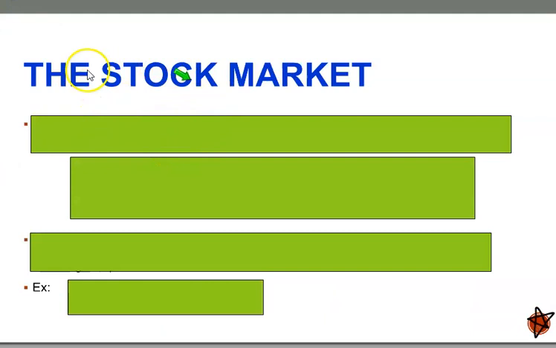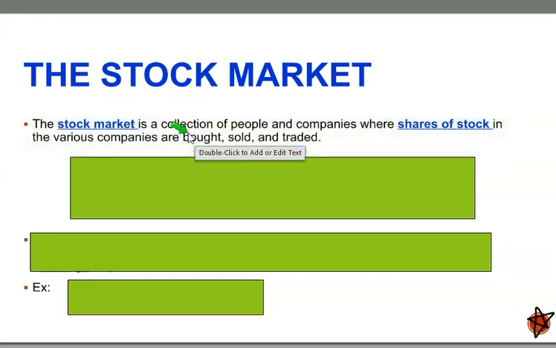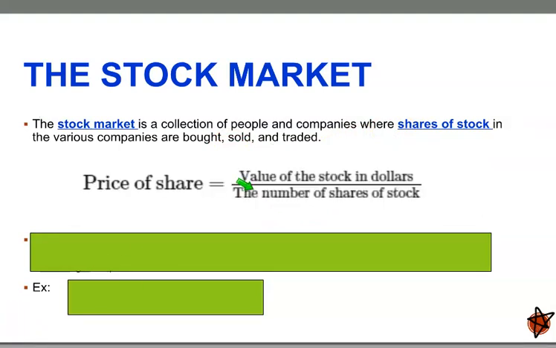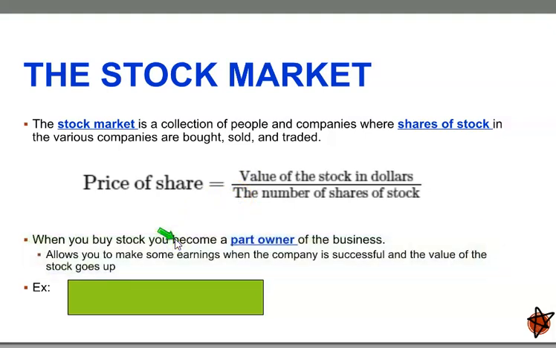The stock market. Okay, this is lesson 4. What is the stock market? It's a collection of people and companies where shares of stock in various companies are bought, sold, and traded. Here's a little formula. The price of a share is determined by the value of the stock in dollars, what the company is worth, divided by the number of shares of stock they have available.